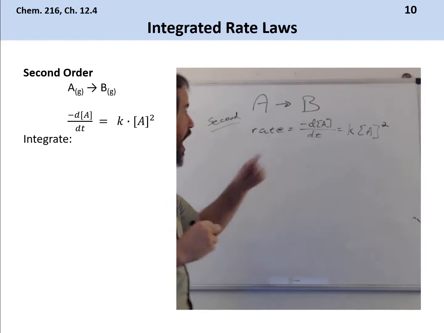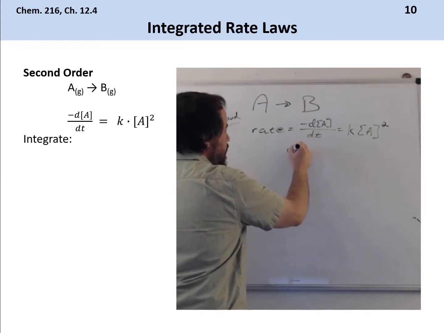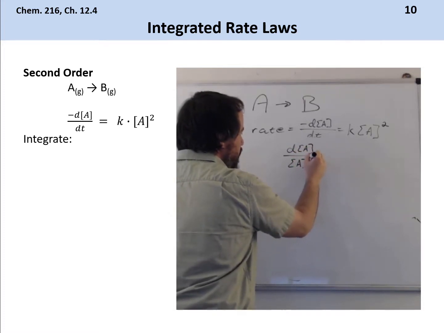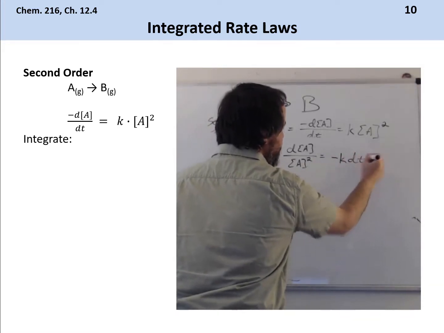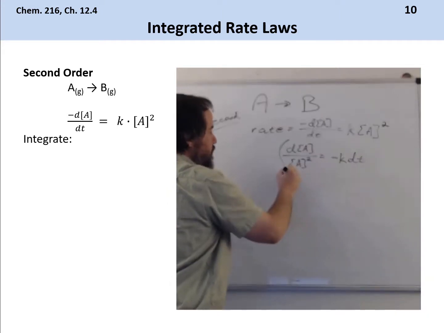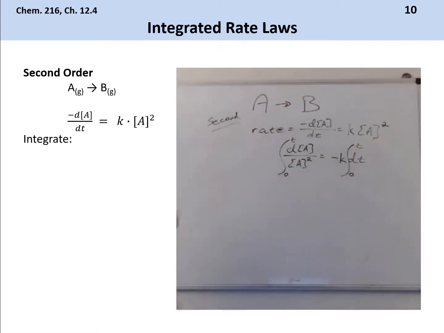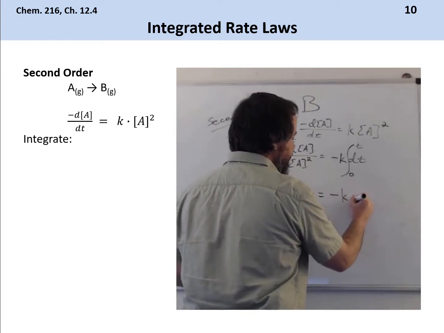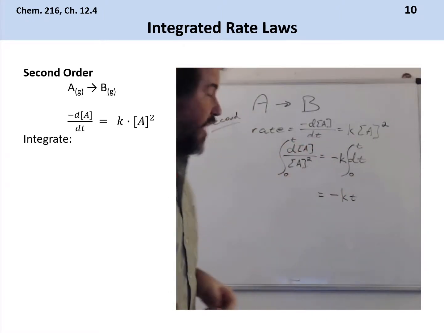Okay? Now I can rearrange this, and I can get dA over A squared equals negative k dt. All right, now I integrate both of these from time 0 to time t. And once I integrate it, on the right-hand side, I'm going to get my negative kt the same way I got it last time, because the right sides look the same for the last two.